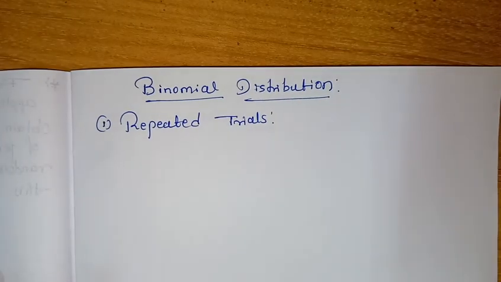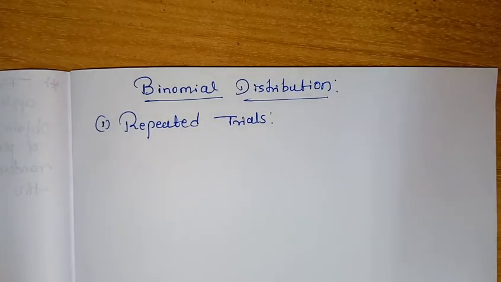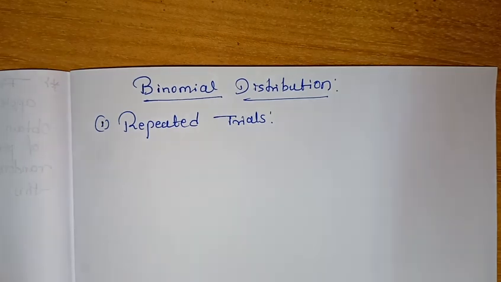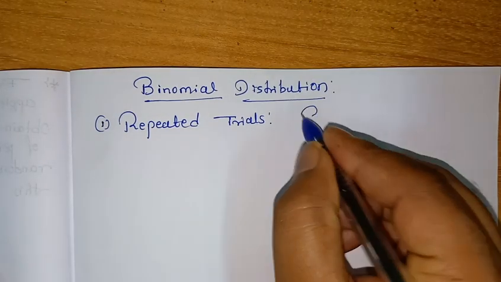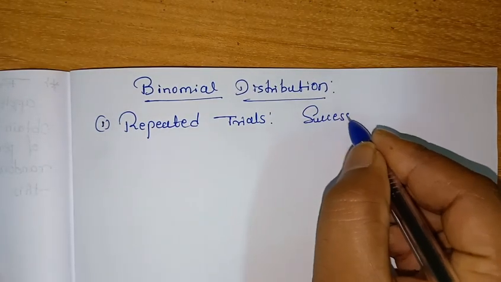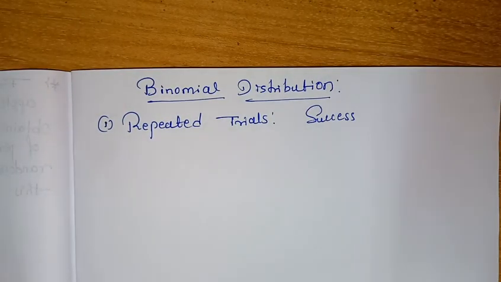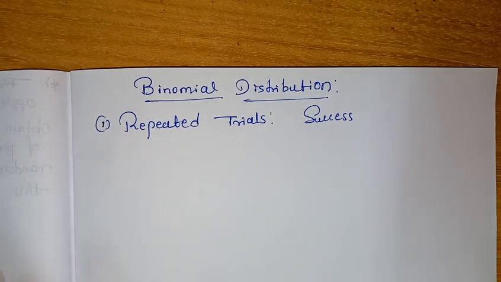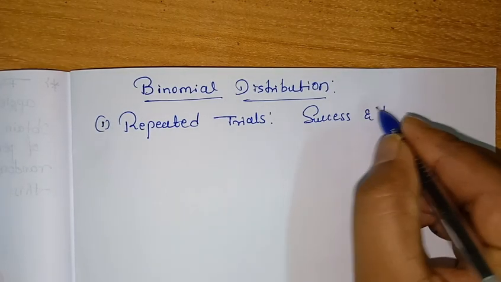Repeated trials means a random experiment with only two possible outcomes, and those outcomes will be treated as success and failure.